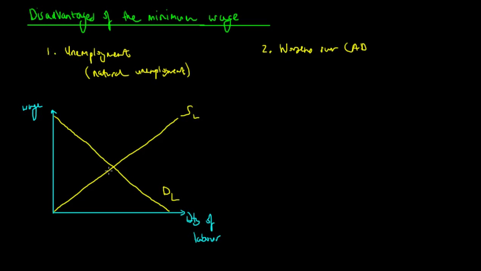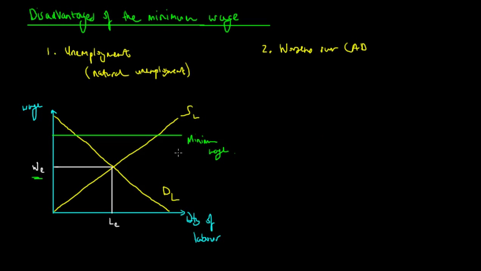So in a perfectly unregulated market by the government, this would see the equilibrium wage at WE and the quantity of labor at, let's just call it labor E, E for equilibrium. However, if we have a minimum wage, which is often a price floor above the equilibrium wage of labor at WE, the minimum wage will see that there will be a surplus in supply, or a glut.